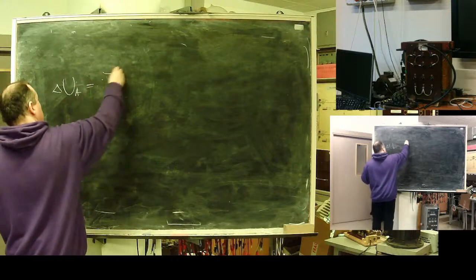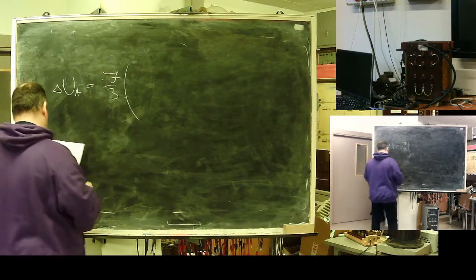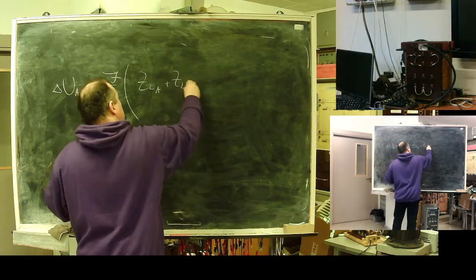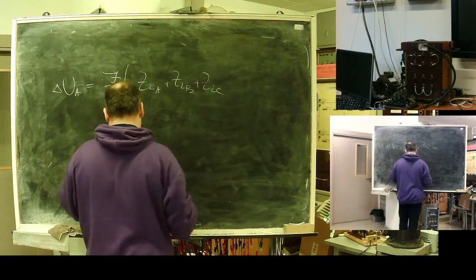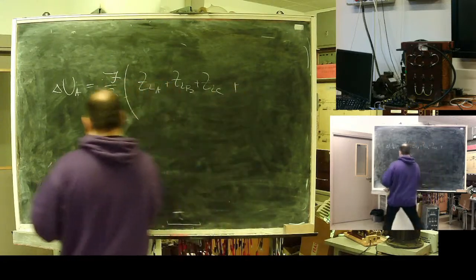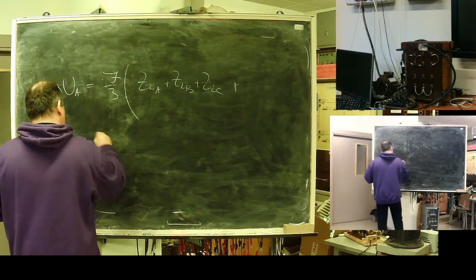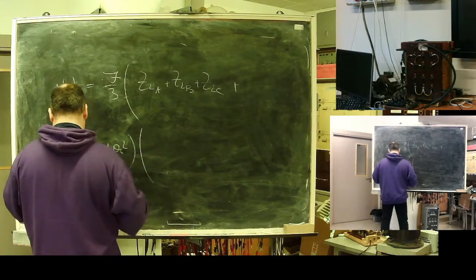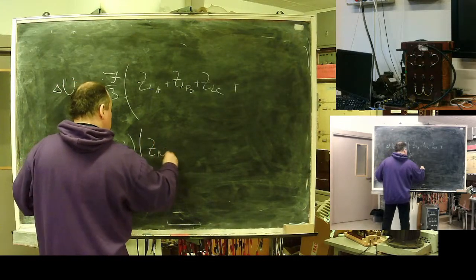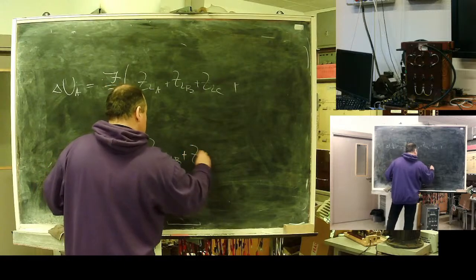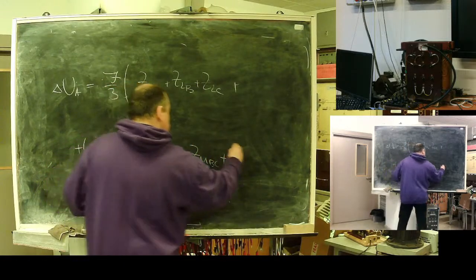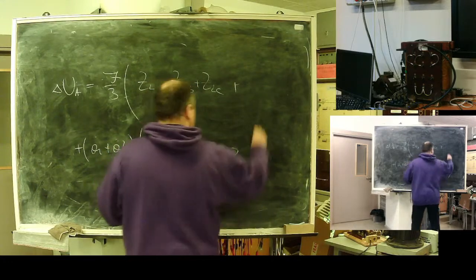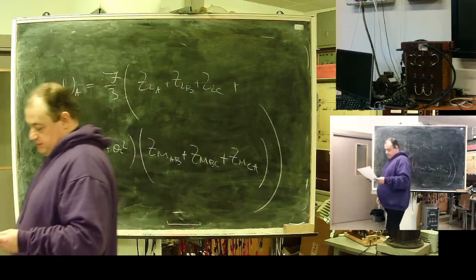Common voltage drop will be 1/3 of my current, ZLA plus ZLB plus ZLC plus A plus A squared multiplied by mutual AB plus mutual BC plus mutual CA. That's what I will get.